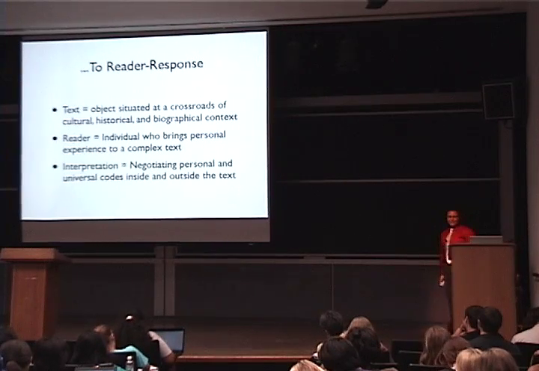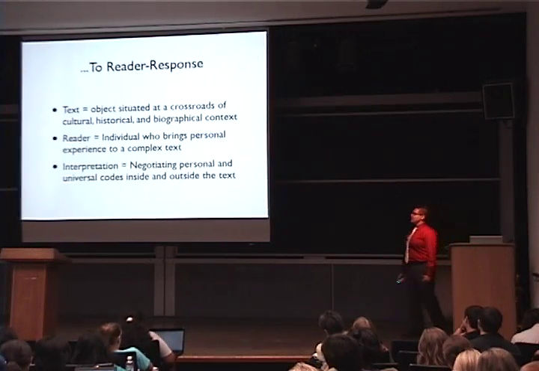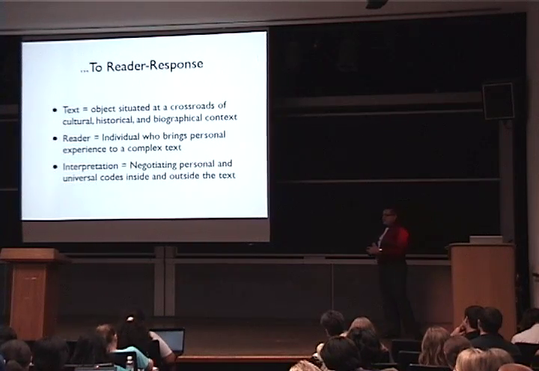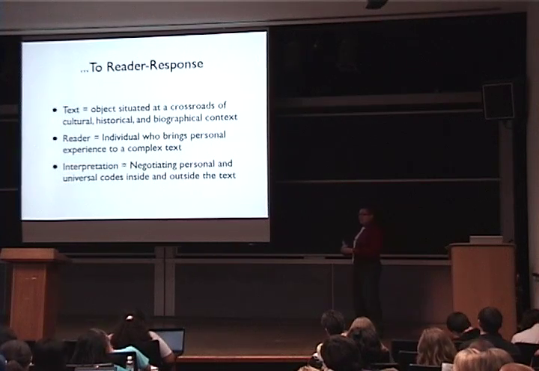All right, finally, interpretation becomes a sort of negotiation of the personal and universal codes inside and outside of the text, right? So you are adding your own personal opinion to your interpretation of this literary text.